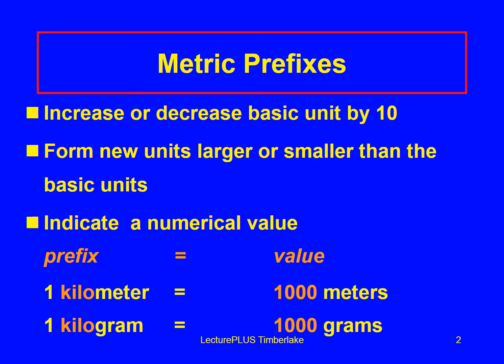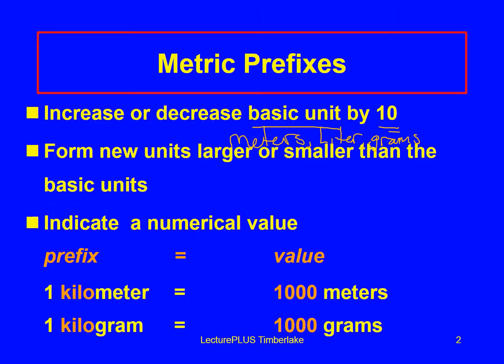And that's because it goes up and down by basic units of 10. And all we got to do is put some type of prefix on our basic units, and by basic units we're talking about things like meters, liters, grams, so on and so forth. Those are our basic units.